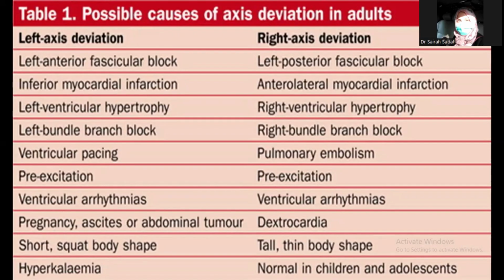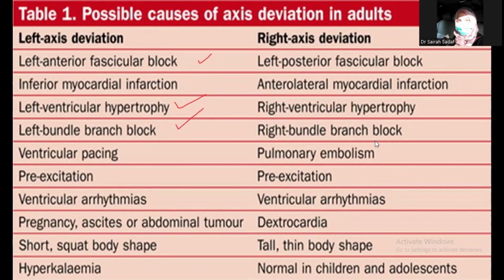Now, by identifying the axis of the heart, we can identify different cardiac pathologies. The most common ones, as you can see, are left ventricular hypertrophy, left bundle branch block, and left anterior fascicular block.